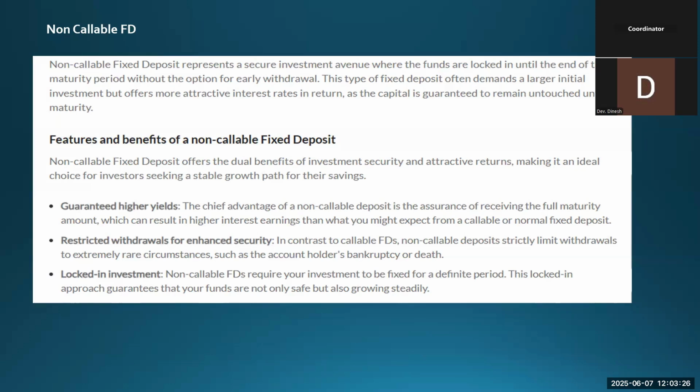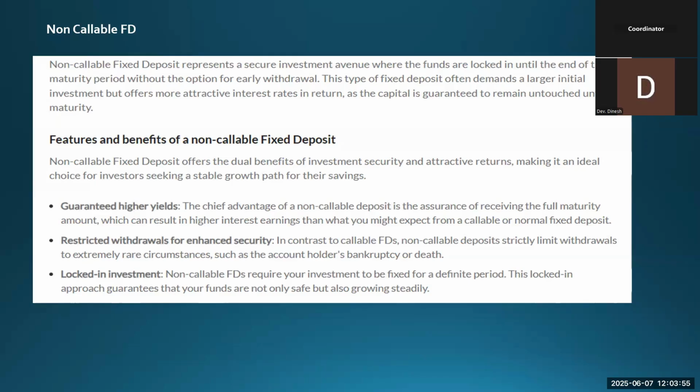Only under certain extremely rare circumstances can the customer withdraw the funds from a non-callable FD. Those circumstances are like the customer's death or bankruptcy. It is a locked-in investment for a definite period. This ensures that the funds are safe and grow at a steady rate because the rates are higher. So this is all about non-callable FD.